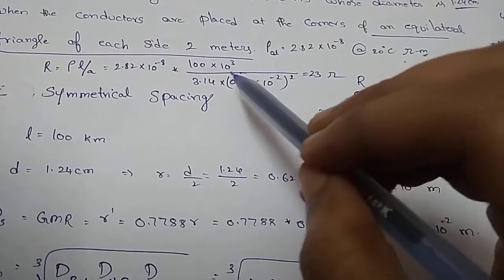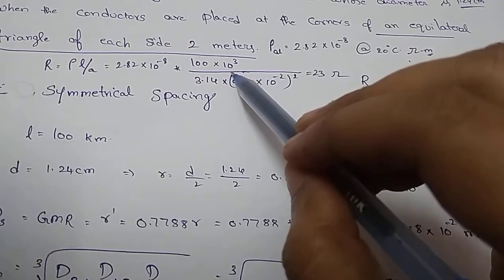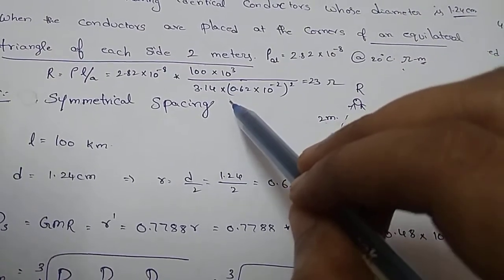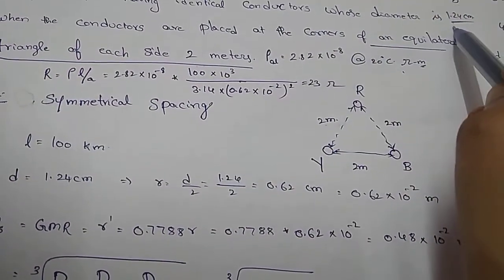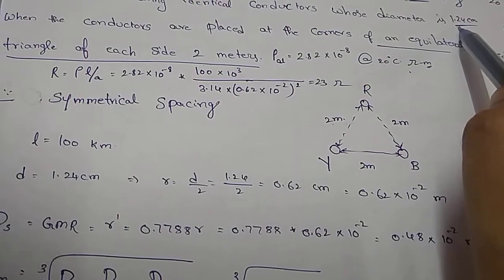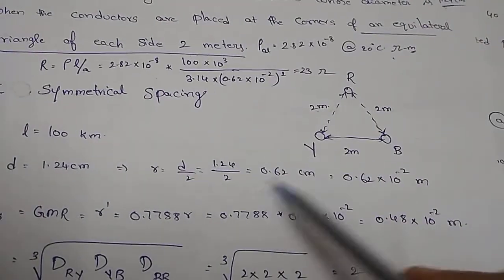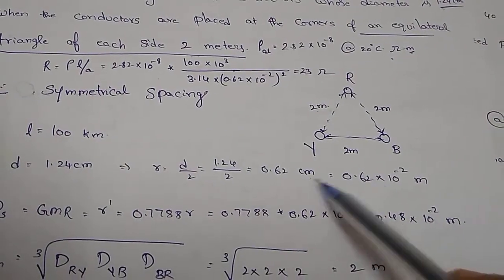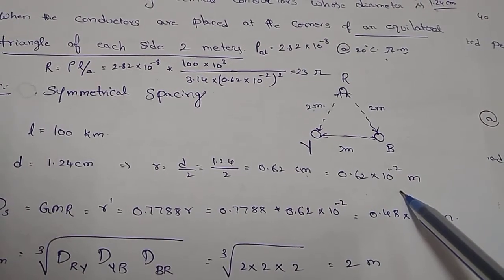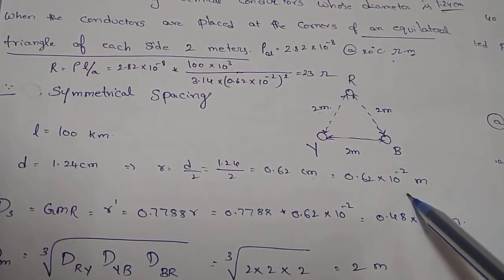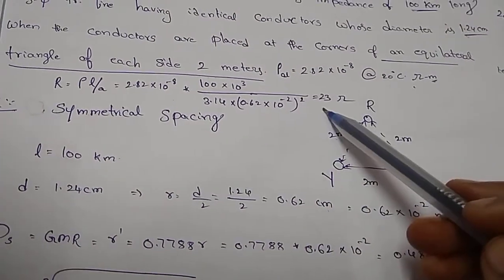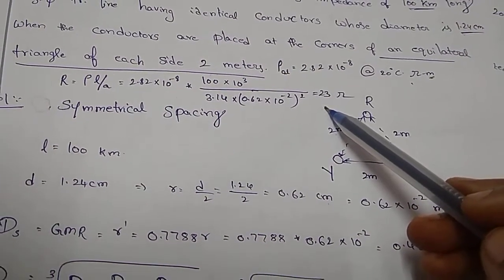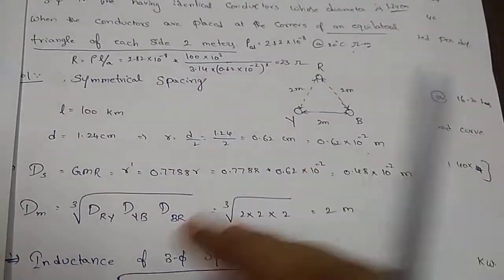For the radius, from the diameter 1.24 I divided by two, so I got 0.62 centimeters. To convert into meters, I multiplied by 10 power minus 2. I got the resistance value as 23 ohms. So up to now we calculated the resistance.